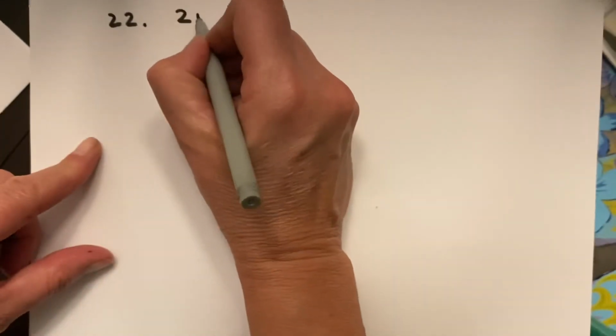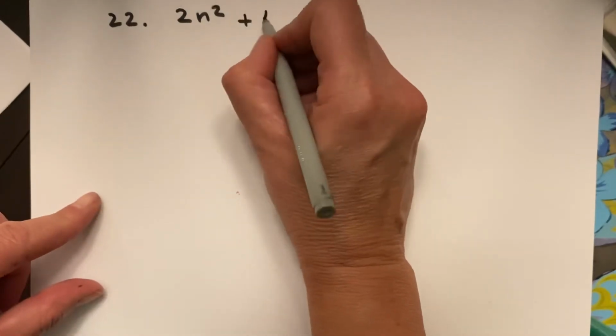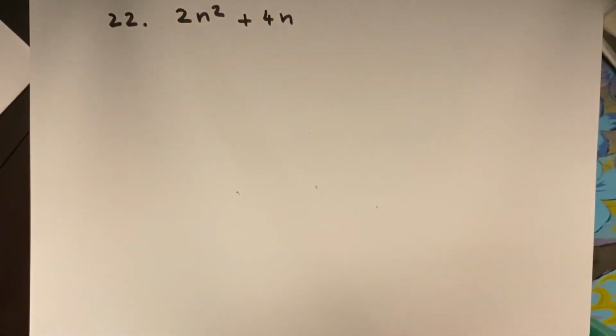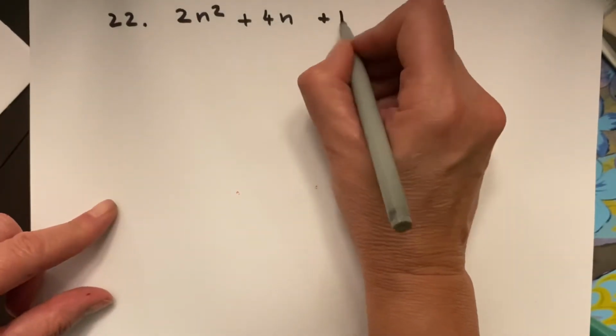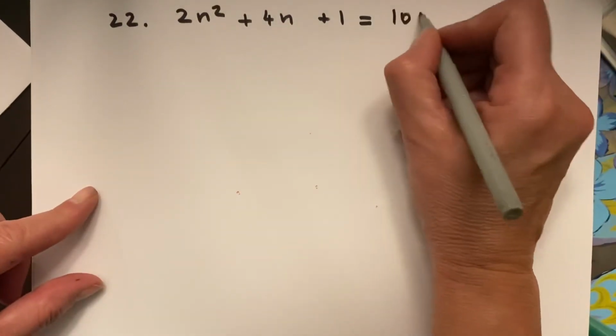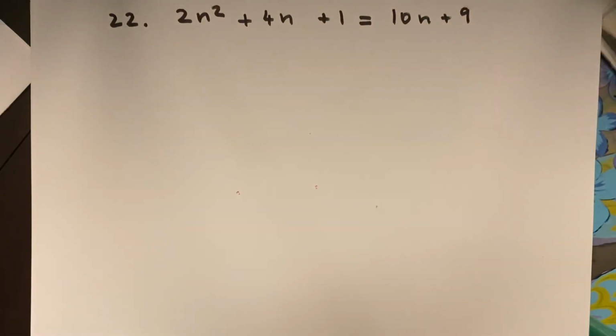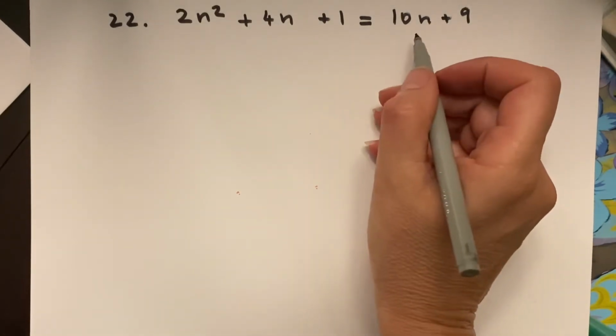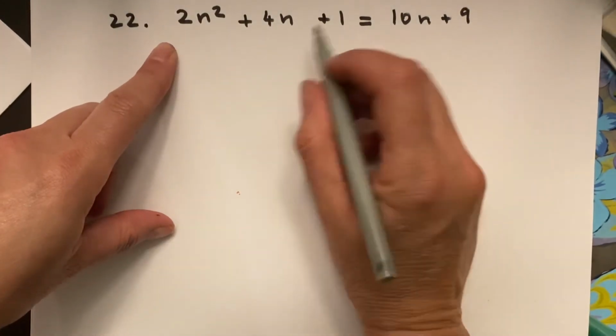22 is 2n squared plus 4n plus 1 equals 10n plus 9. Well, clearly that's not quite in the right format to complete the square just yet. To do so, first I'm going to subtract everything.